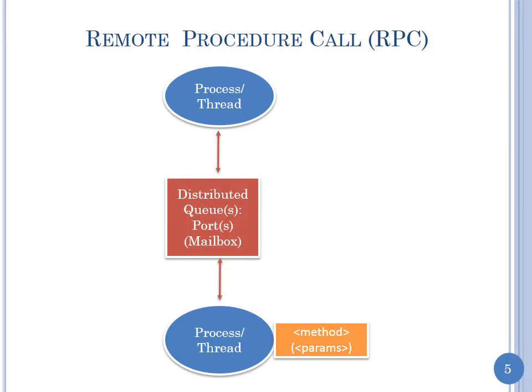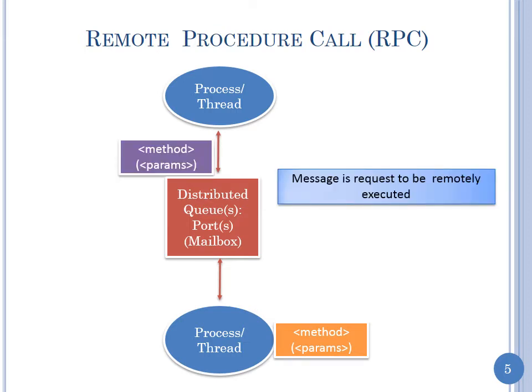So the caller and callee are in the same process. Now the caller and callee are in different processes, just as in the previous slide, the expression and the variable were in different processes. Okay, so the message, what you're putting in the queue, is now a request to invoke a method remotely.